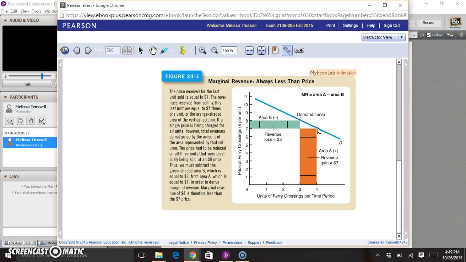So this little example shows us that our marginal revenue is actually less than our price, and the price is set by the demand curve. So this is how we know.